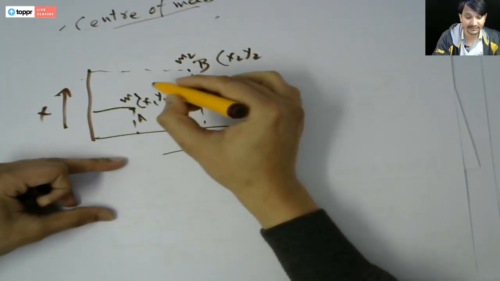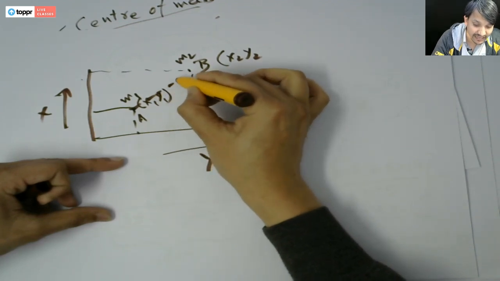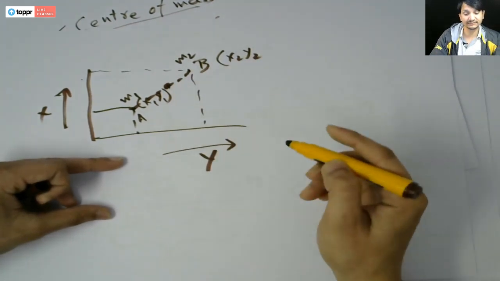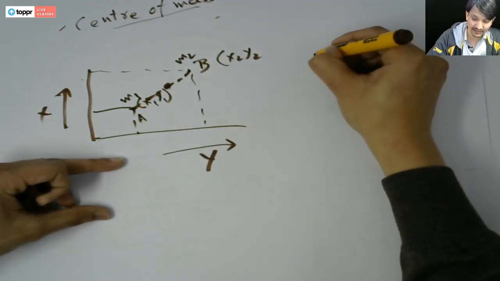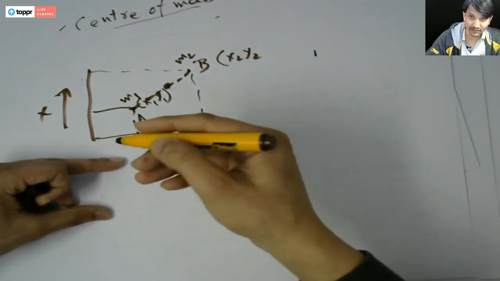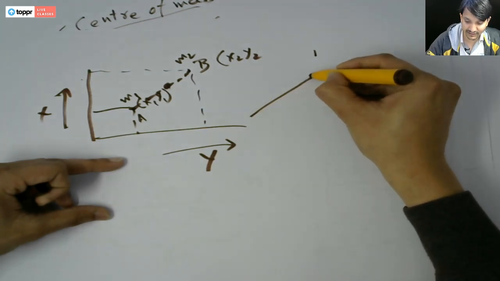So what will be the center of mass? Obviously it will lie along this line, along the line AB. Let me try and write this more clearly.